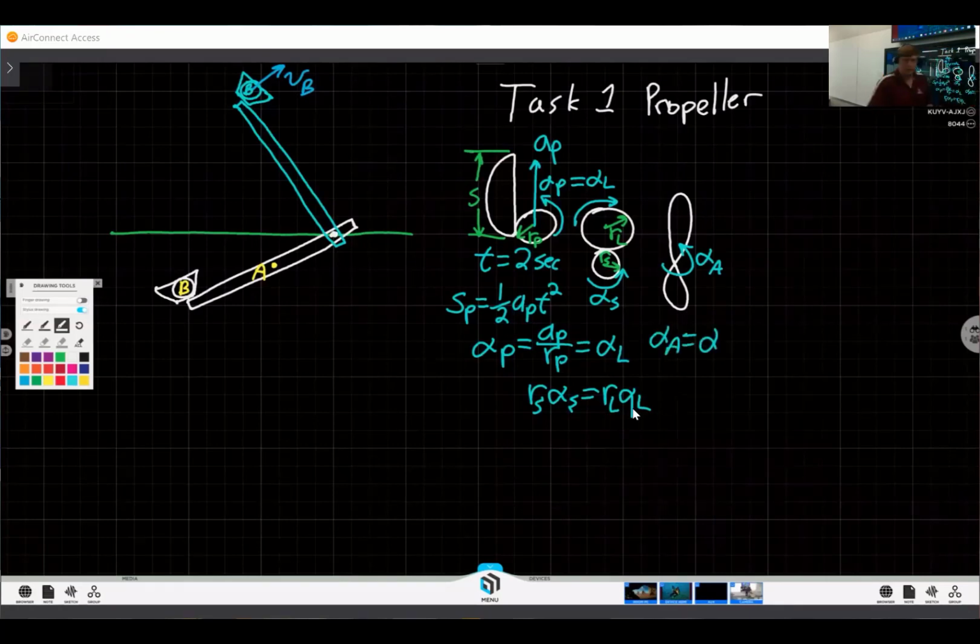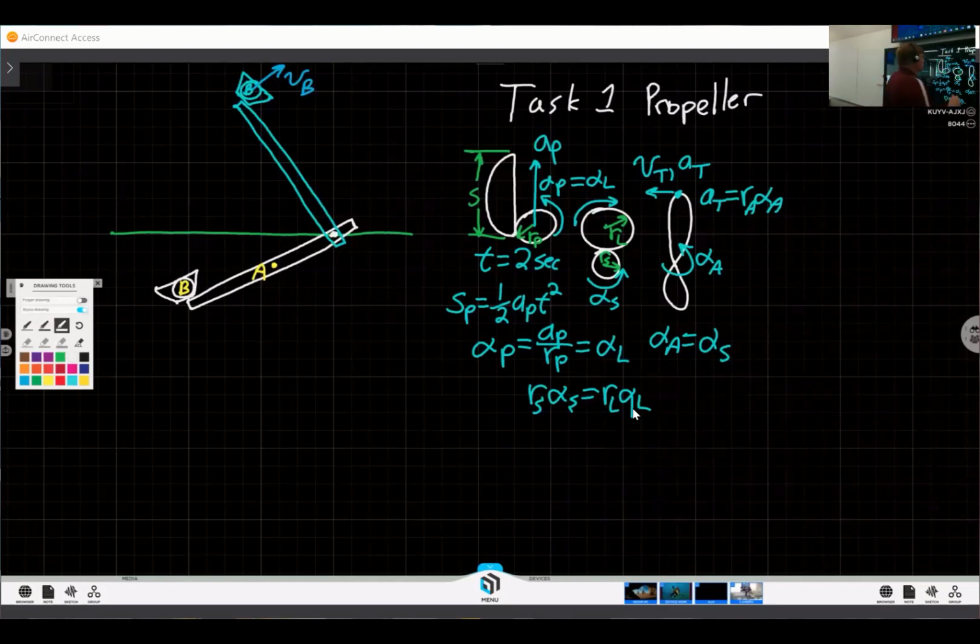So you have that. For the tip, we would have some velocity of the tip, and for that matter some acceleration of the tip. The acceleration of the tip is your radius, the length of one propeller, and your alpha A. So you can figure out that that's a constant acceleration.